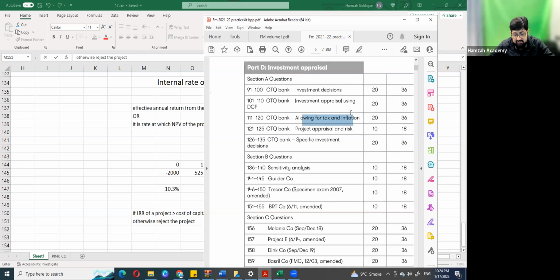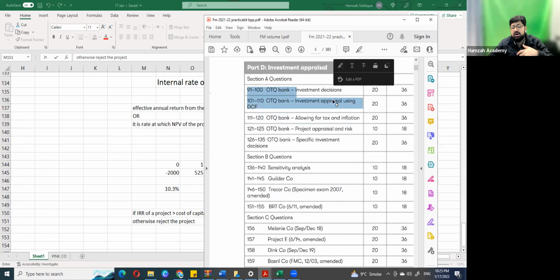We have done this. Try to do this OTQ bank. There are 9 questions. Section B type questions I will be doing with you myself. Try this, and some questions from this area as well, which I have not done.